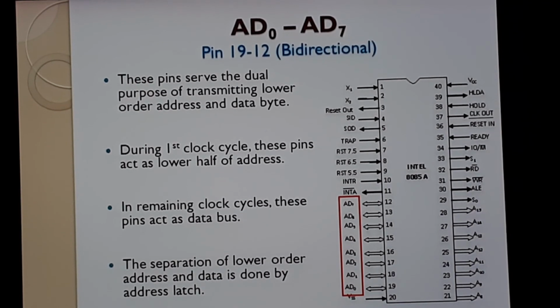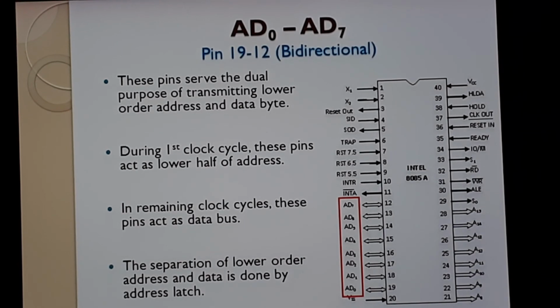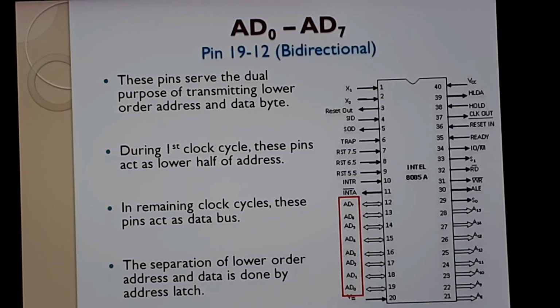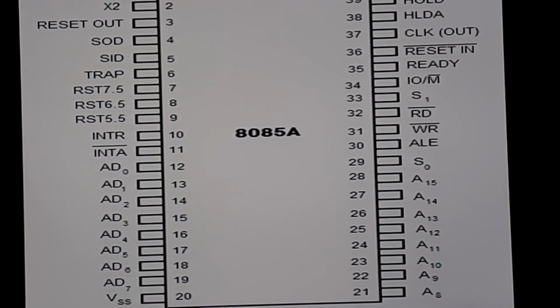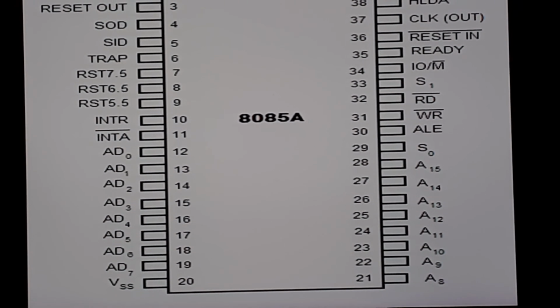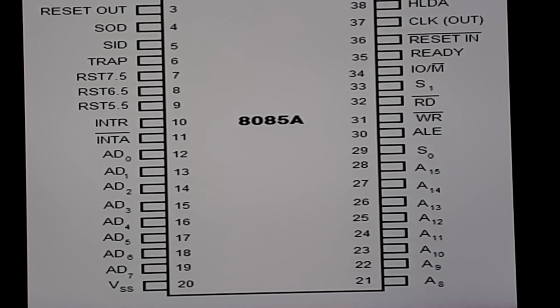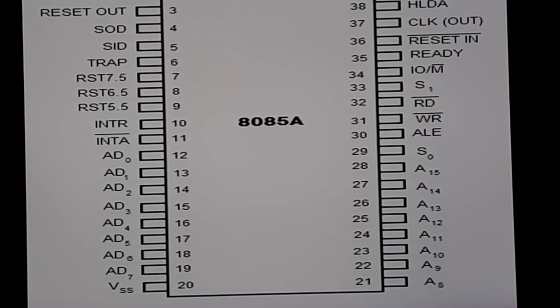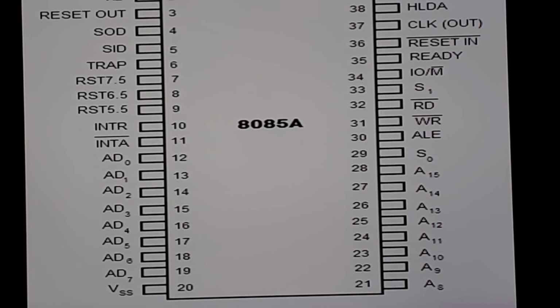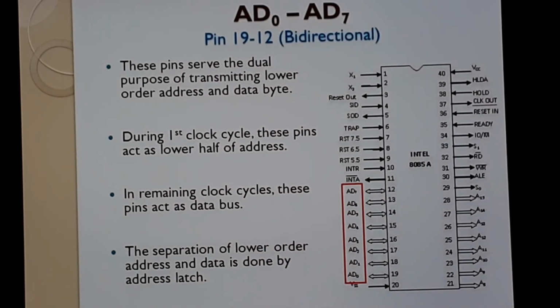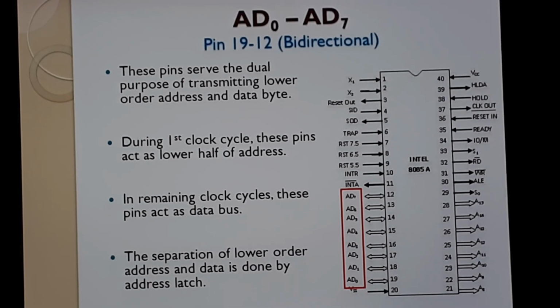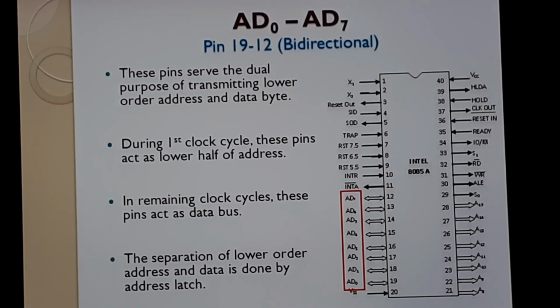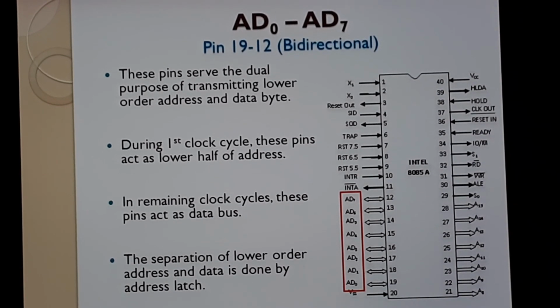This is the bus which I have already explained in the previous video of the block diagram of 8085. AD0 to AD7, see here in the diagram, are pin numbers 12 to 19. They stand for address data bus, and there are a total of 8 pins, and it is bidirectional.